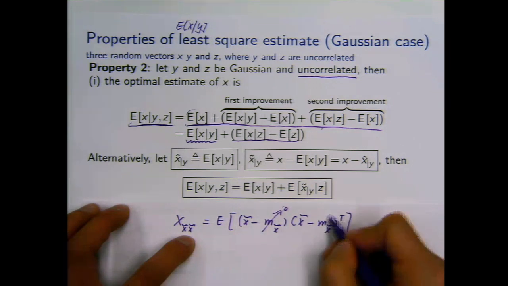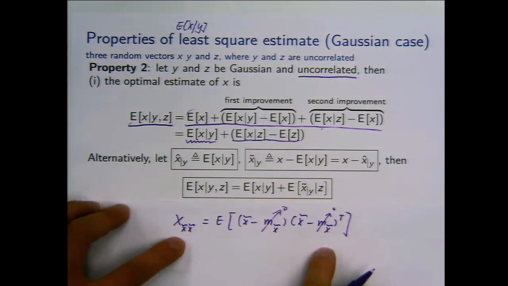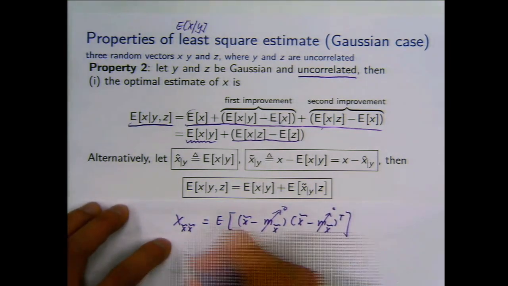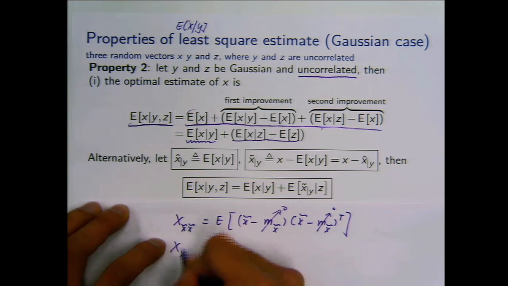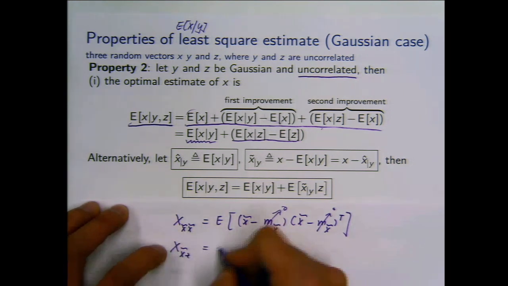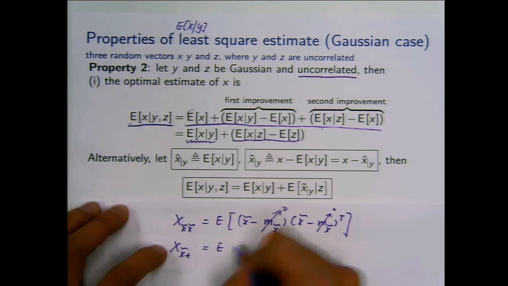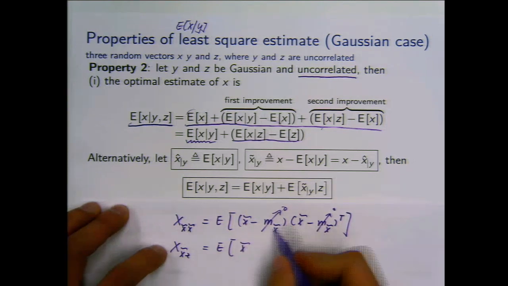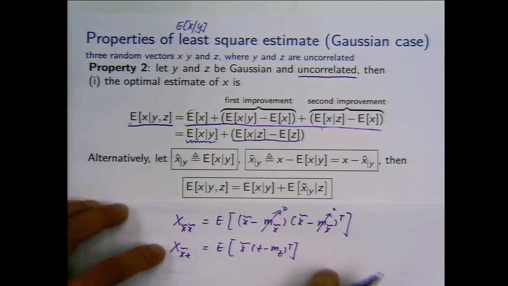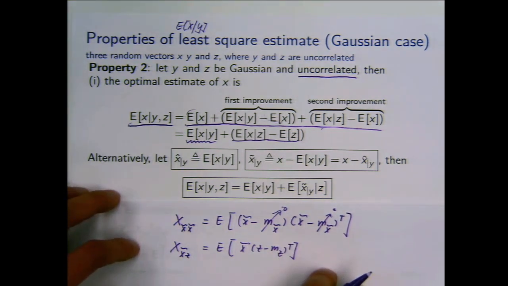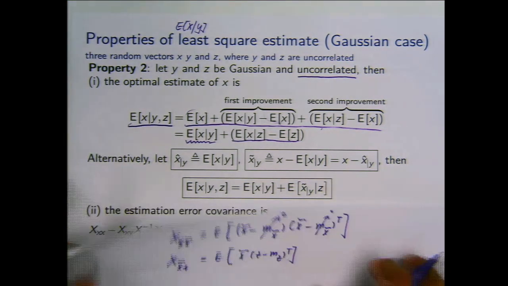Because this is an unbiased estimation, these means are zeros. I'm also going to introduce x tilde z as the cross covariance between x tilde and z. This time I won't write down the expectation sign because it's unbiased. This will be useful for our discussions.